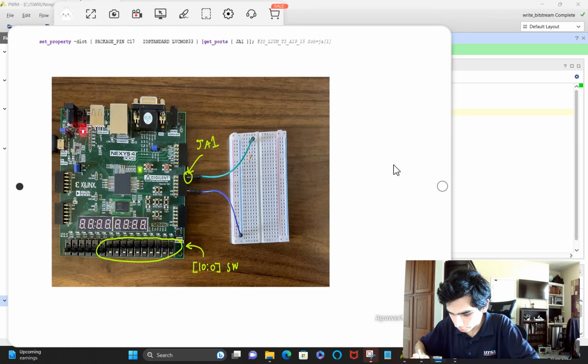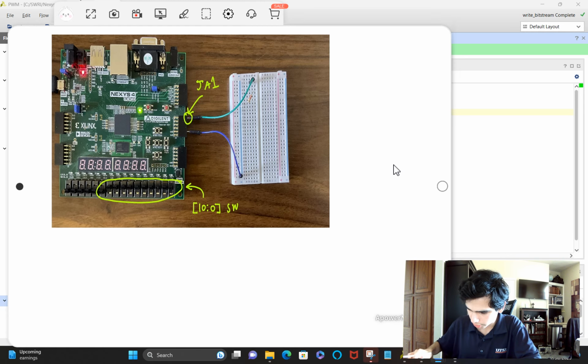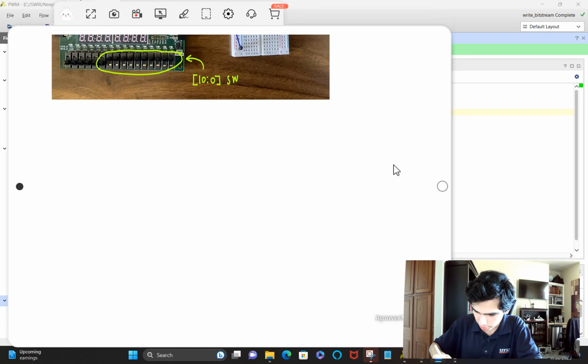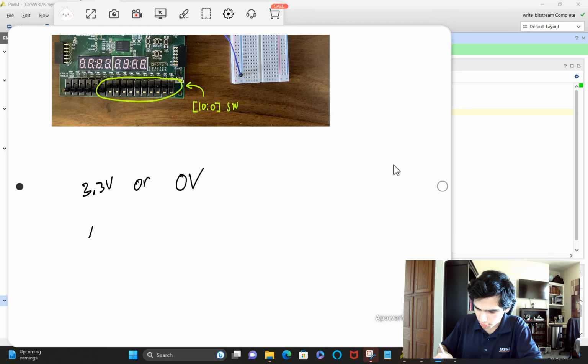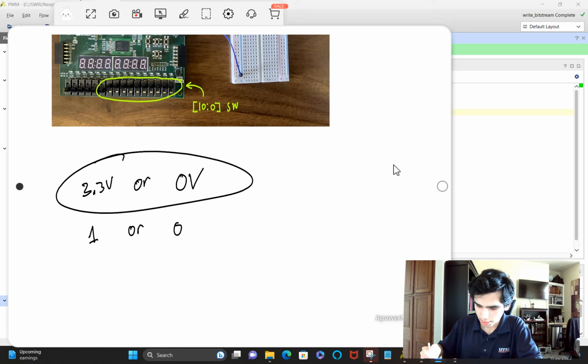Actually, for this board, it's more like this. You can either output 3.3 volts or 0 volts. So usually it's 1 or 0, but for this board, it can do only 3.3 or 0 and nothing in between.